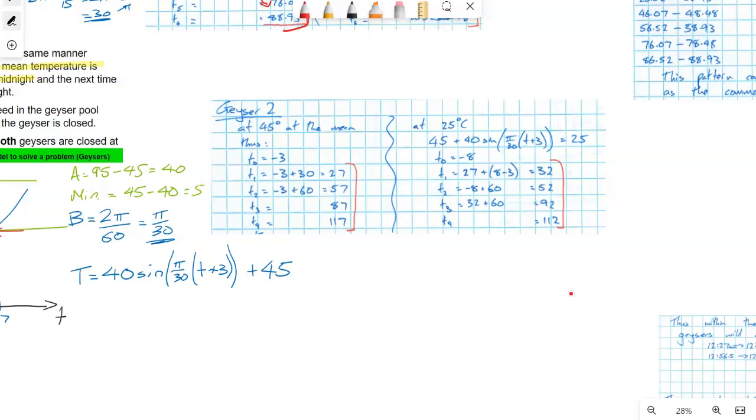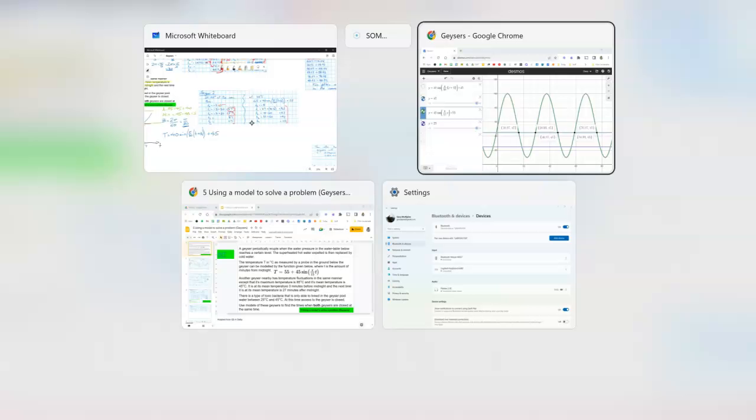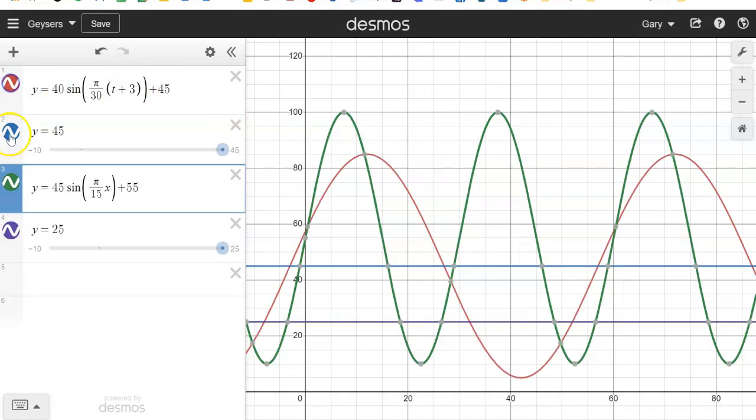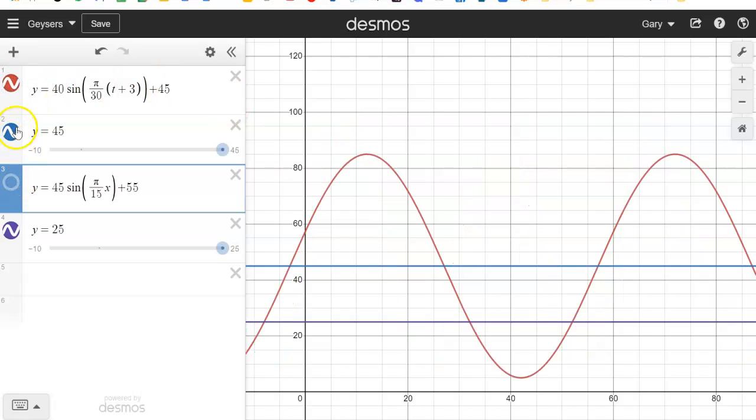Okay, and so then all we're doing is we need to show what we're solving. So we're solving when geyser 2 is at 45 degrees, which is at the mean, so I don't need to actually write the equation. And again, if I was doing it algebraically, I would have found this and then gone there. But when I'm looking at it on Desmos, I get 27 and 57 is the first one, because now it's a good idea to just get that away.